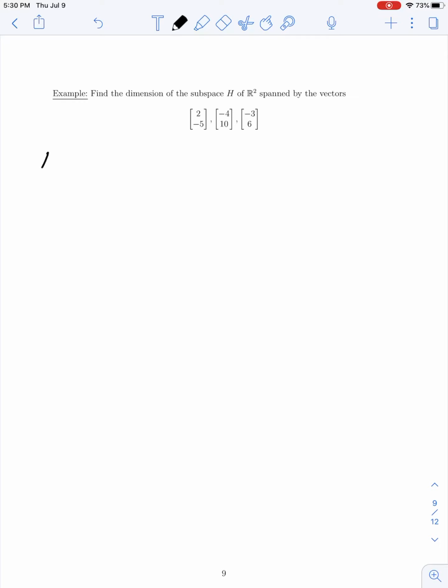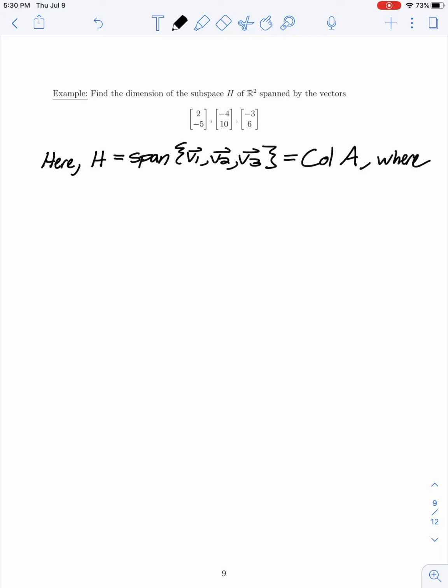Another way that we could approach this problem is to think about H, which is the span of these 3 vectors. Let's maybe give them names, v1, v2, and v3. We can think about this space as the column space of a matrix A, where the matrix A is the matrix whose columns are these vectors.